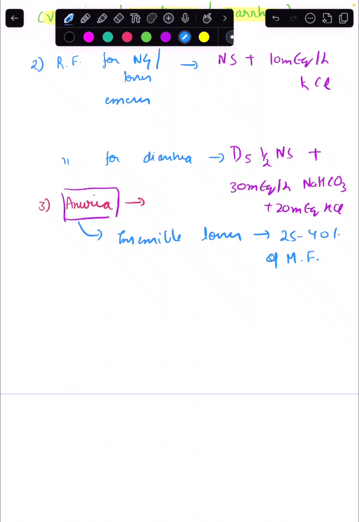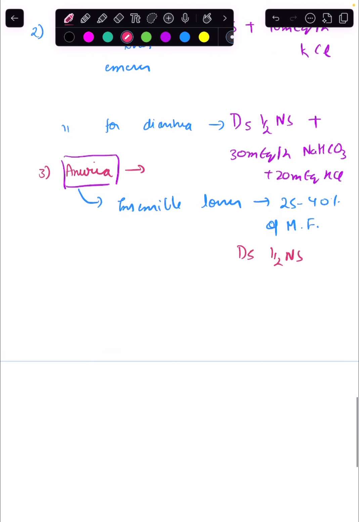So we give 25 to 40% of the maintenance fluid, and the fluid that we prefer in case of an anuric child is D5 half NS. We do not add potassium because the anuric child usually has hyperkalemia, and we replace the urine output ml by ml with D5 half NS.